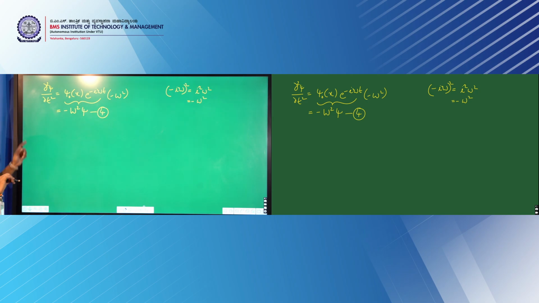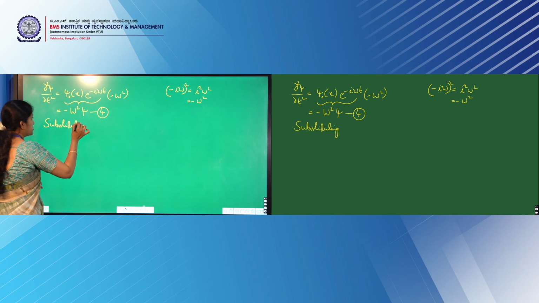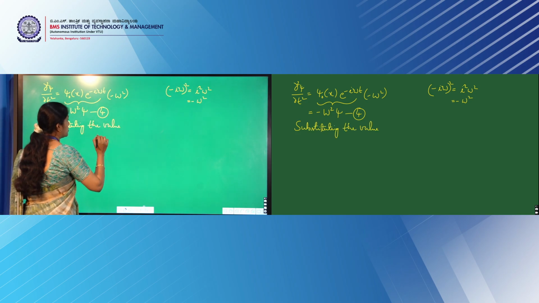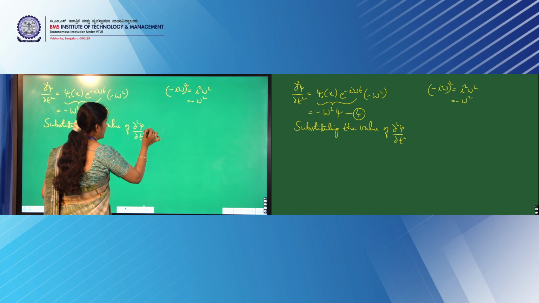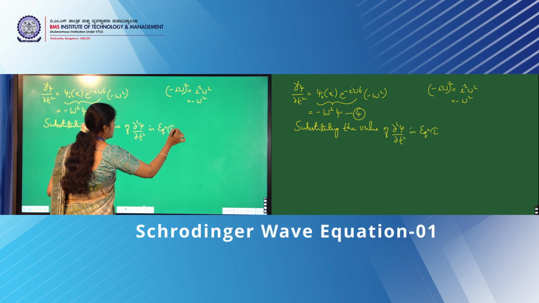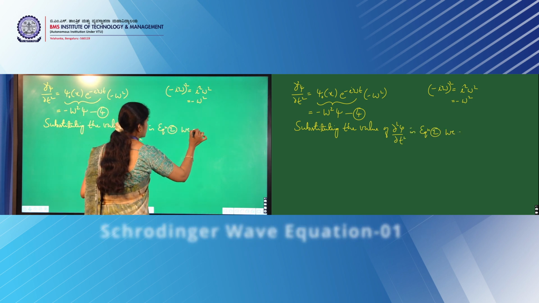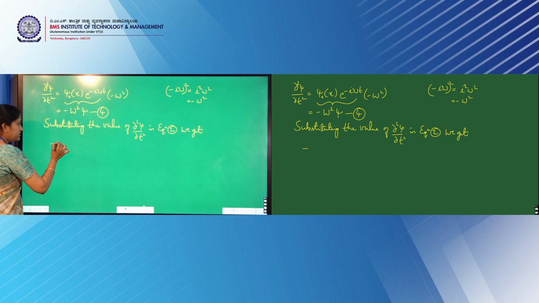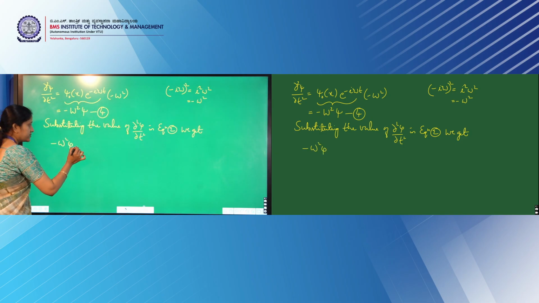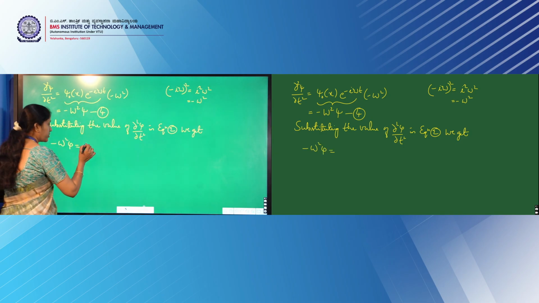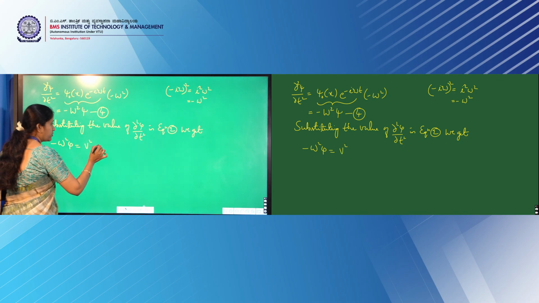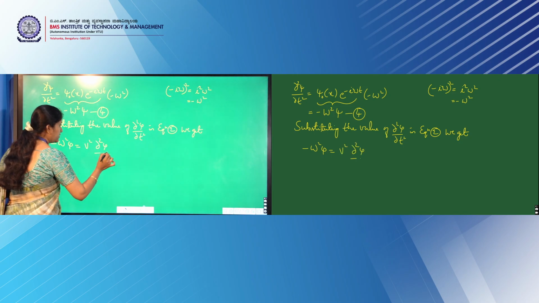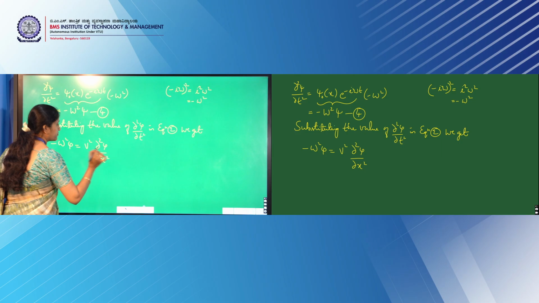Now substitute the value of equation 4 in equation 2, substituting the value of del square psi by del t square in equation 2, we get minus omega square psi is equal to v square del square psi by del x square.